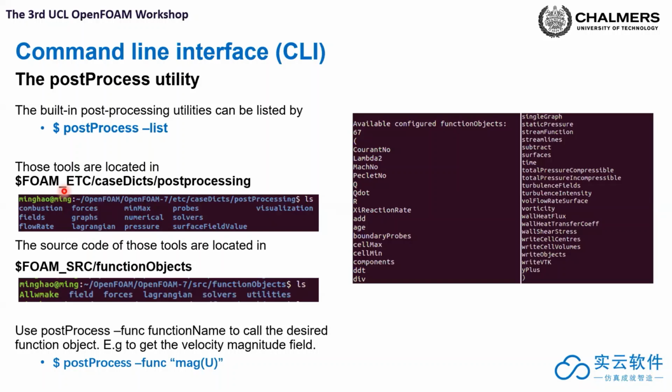The groups are quite consistent, which means the fields in the source functionObjects directory define how we use fields functions in foam etc caseDicts postProcessing. For example, if we want to calculate the magnitude of velocity, which is quite commonly used in post-processing, we can just type postProcess -func with the quote and mag(U).